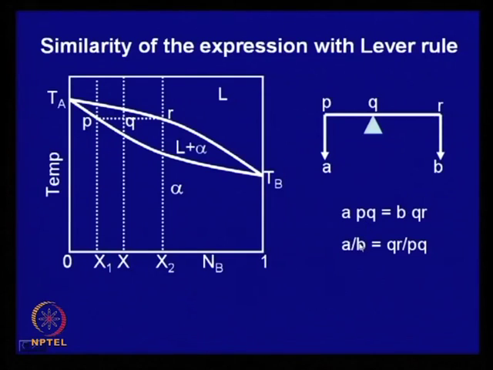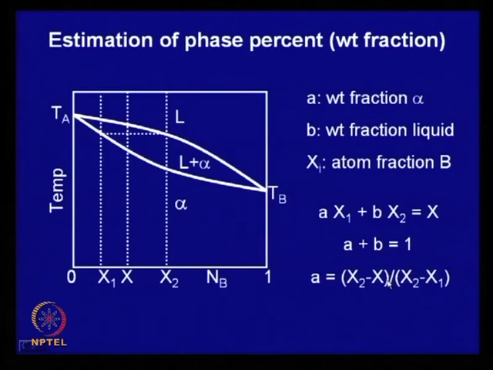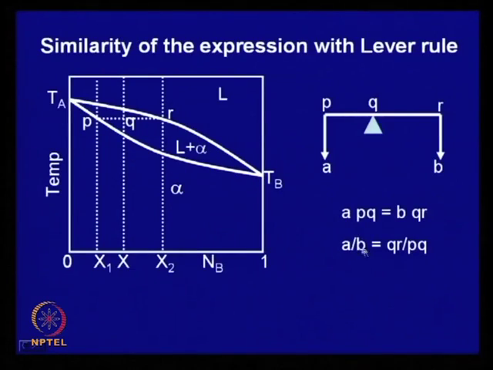So, A over B equal to QR over PQ. So, in fact, you can say that the expression which we derived here is also exactly similar. You can find out for B also there will be a similar expression, take the ratio A over B, then what you get is this.